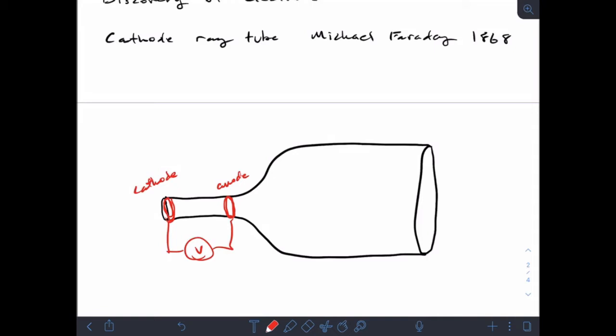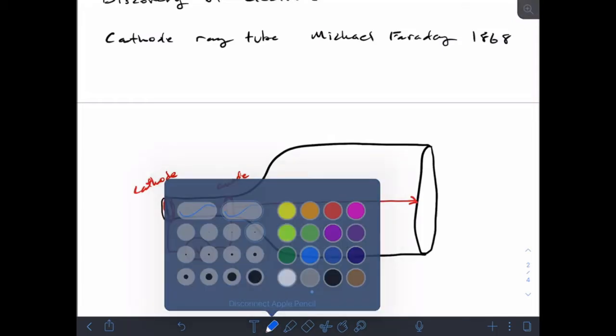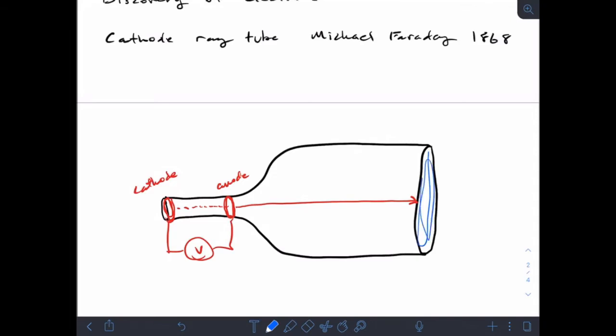When they started doing this, the cathode pushes electrons toward the anode, though at the time they didn't know they were electrons. It creates a beam of electrons that goes to the far end of the bottle, and the far end of the bottle is coated with a photosensitive material. It responds to light.